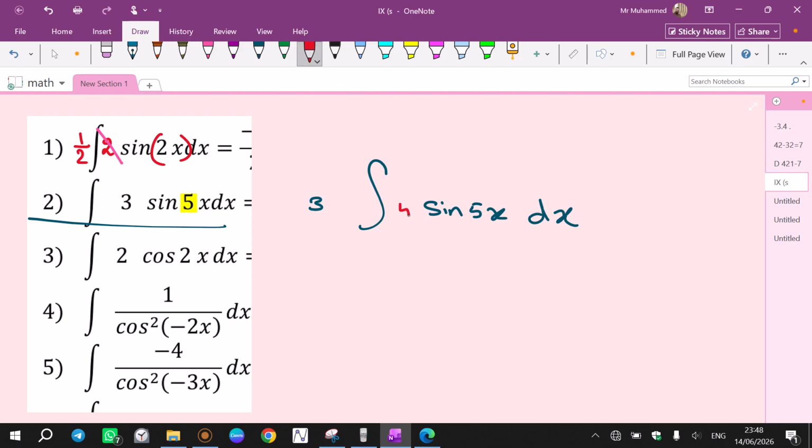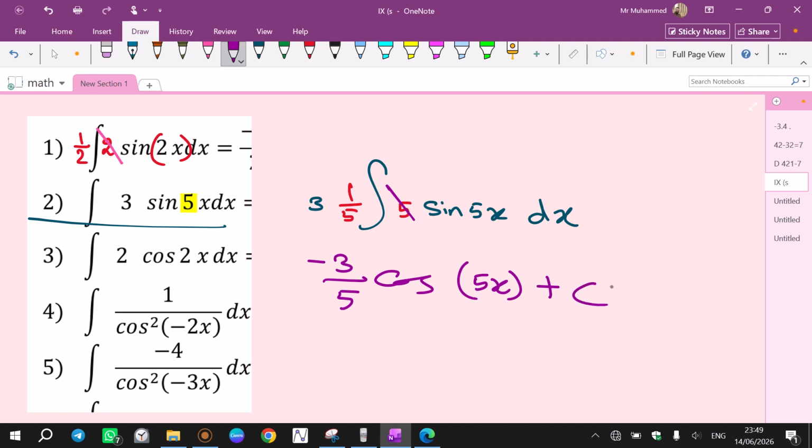Derivative of inside is 5, I wrote here 5. To keep the balance of this 5, I write outside 1 over 5. Now, this 5 is the derivative part, it will cancel out. But this 3 and this 1 over 5 outside stay. That's going to be 3 over 5. Integral of sine is negative cosine, and the angle never changes. There's always plus c.